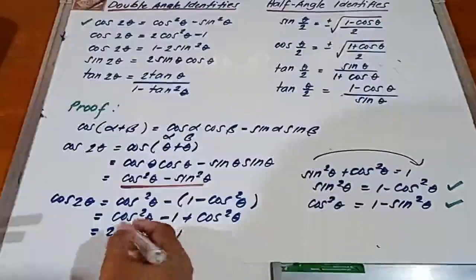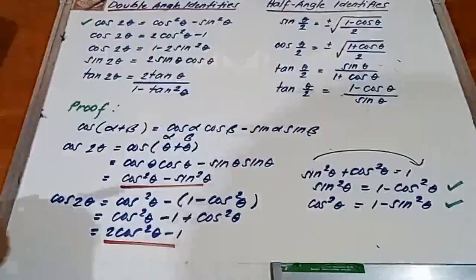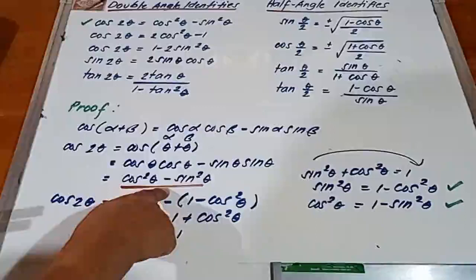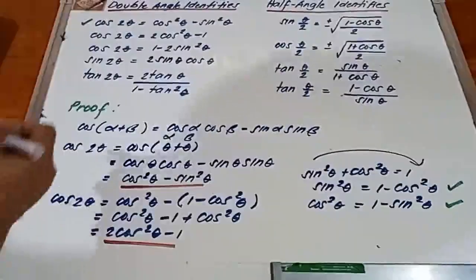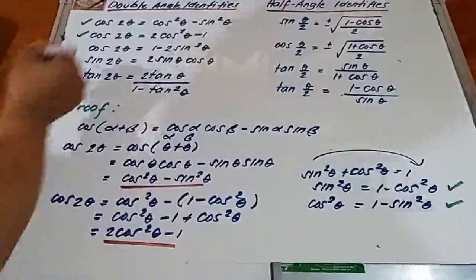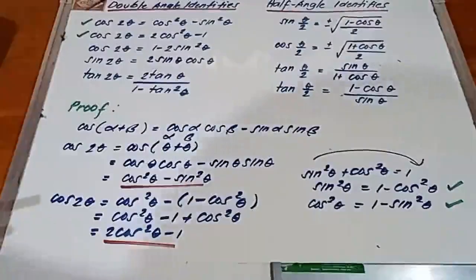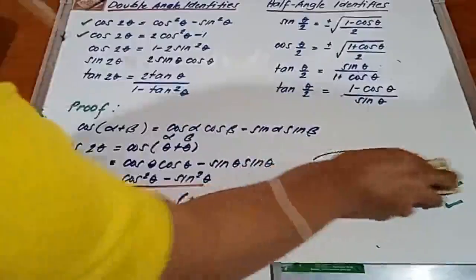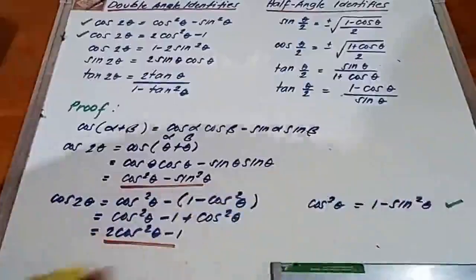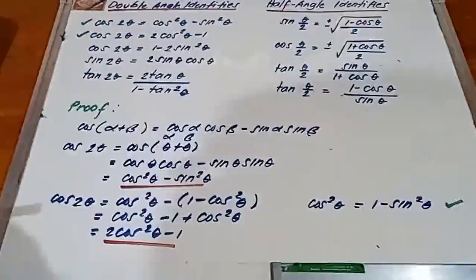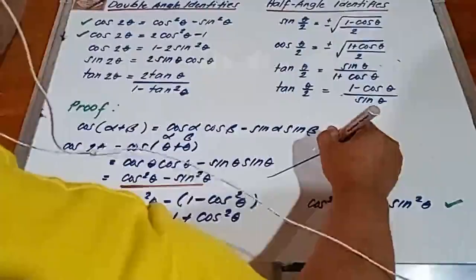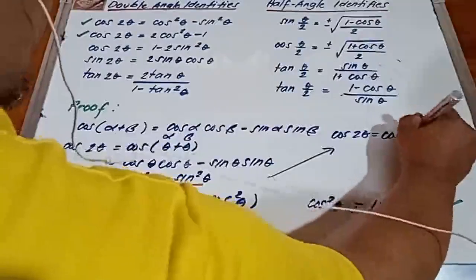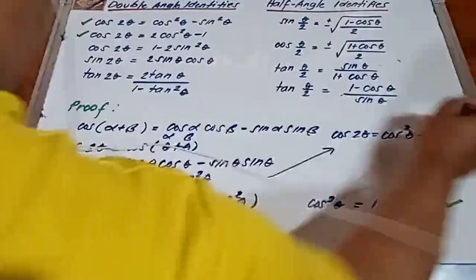Okay. At yung isa naman, from here, pwede nating ma-derive yung third double angle identity natin. Okay na to. Ito na lang isa. So, ang gagamitin naman natin, ito. Okay? Okay. So, from here, that is cosine 2 theta is equal to cosine squared theta minus sine squared theta.